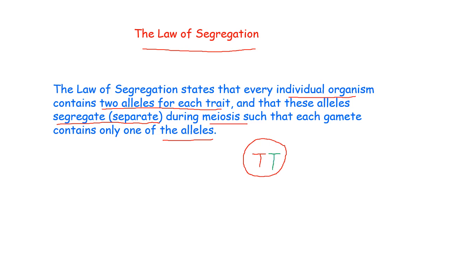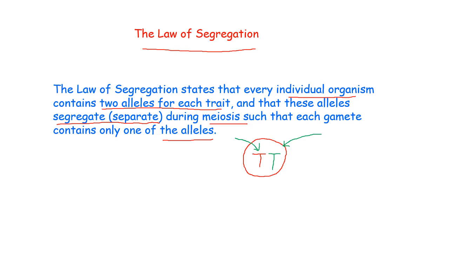One allele is from one parent and another allele is from the other parent. Now we have two alleles for a particular trait. This is what the law of paired factors states, that each gene has two alleles. One allele is from the maternal side and one is from the paternal side.